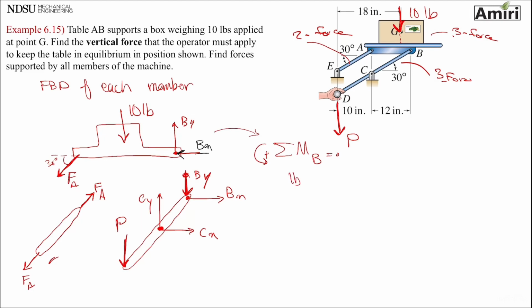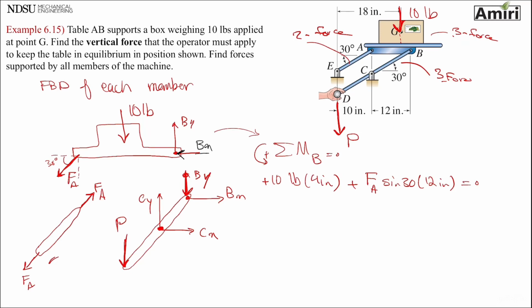I have 10 pounds at a distance of 4 inches to point B, plus FA sine 30 at a distance of 12 inches up to point B, equals 0.